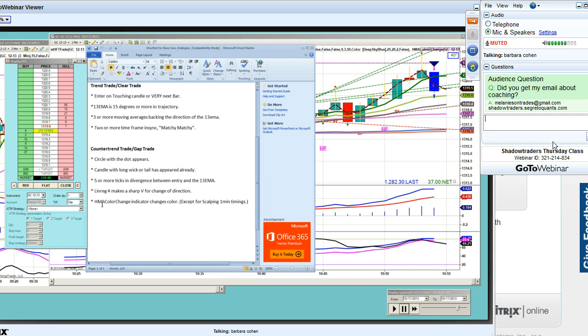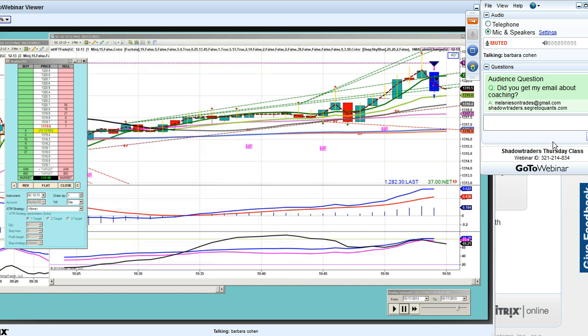So notice in brackets I say use the HMA color change except for scalping 1-minute timings. If you just see enough divergence and you're going to just steal your 3 ticks before you hit the 13, you're not waiting for other alignments to go for that $180 move that we just did. You can do that without the perfect world.